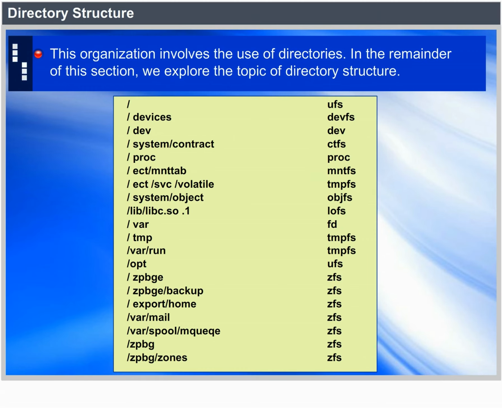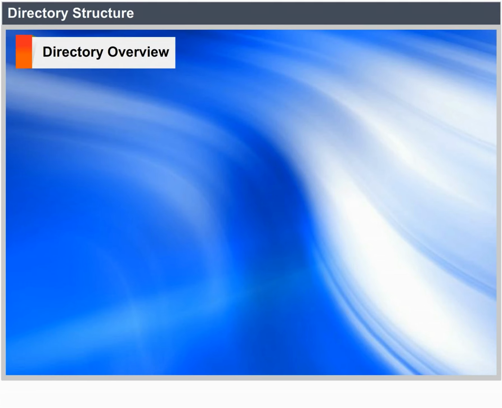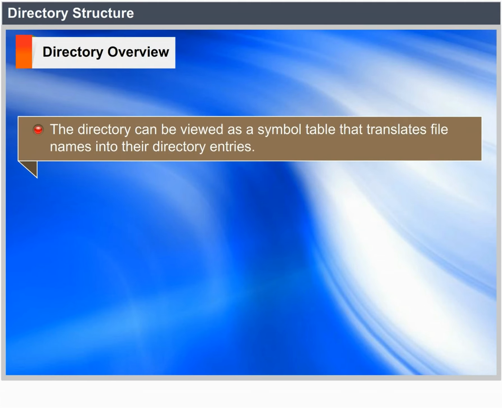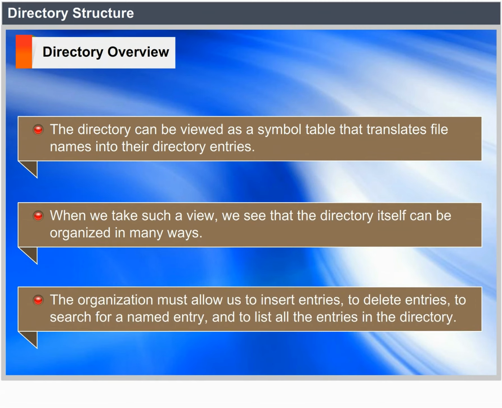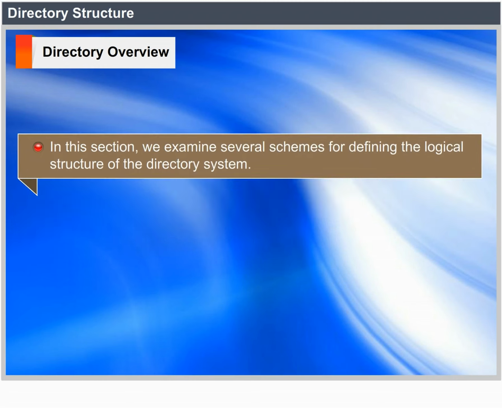The directory can be viewed as a symbol table that translates file names into their directory entries. If we take such a view, we see that the directory itself can be organized in many ways. The organization must allow us to insert entries, to delete entries, to search for a named entry, and to list all the entries in the directory. In this section, we examine several schemes for defining the logical structure of the directory system.